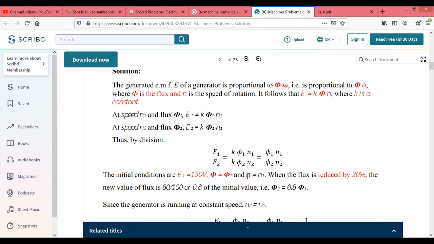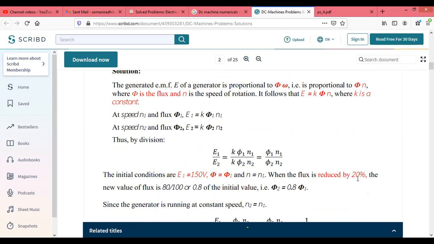If we take N equal to N1 and phi equal to phi 1, and flux 2 is reduced by 20%, the new value of flux becomes 80 upon 100, or you can take that value as 0.8 with respect to flux 1. These things are very easy.